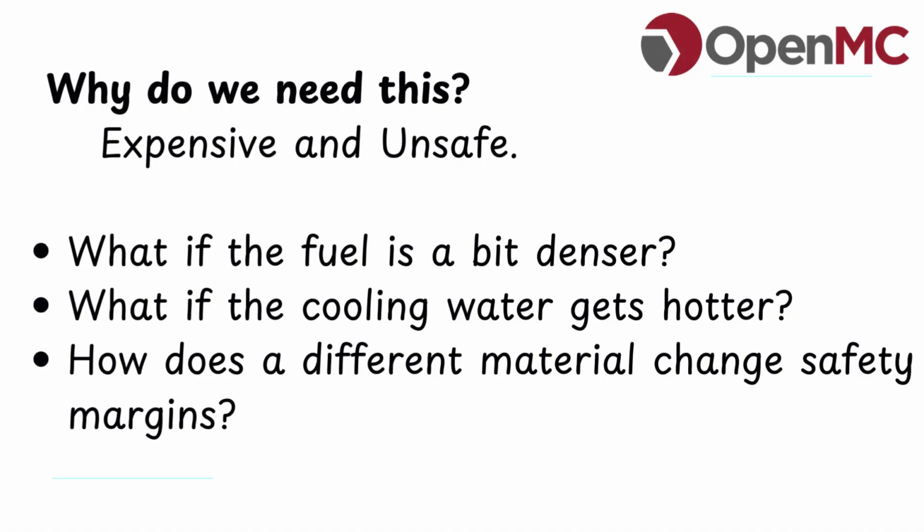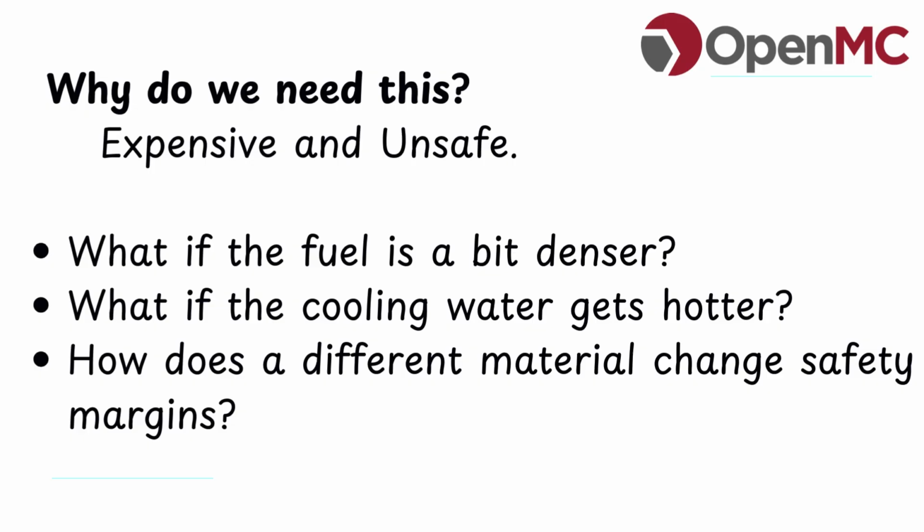The first question is why we need the OpenMC code. For example, we deal with neutrons and photons in nuclear fusion or nuclear fission reactors, where we may want to change some parameters and check the outcomes. It is very expensive, first of all, to change the material and instruments, and it is very unsafe when dealing with radioactive material.